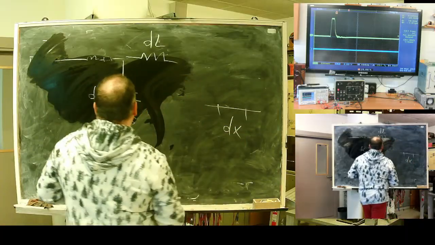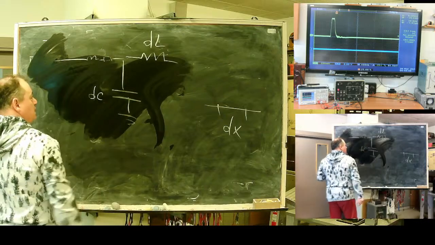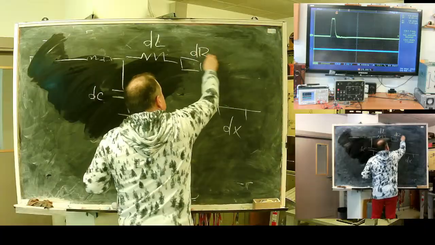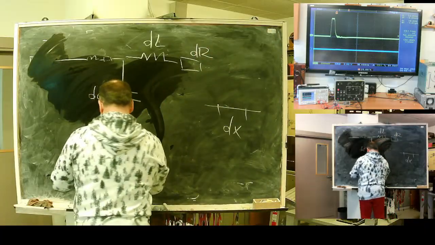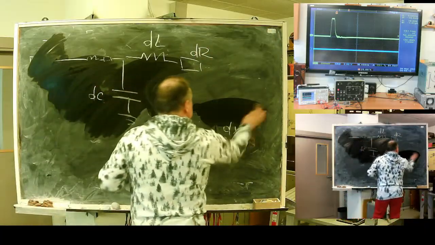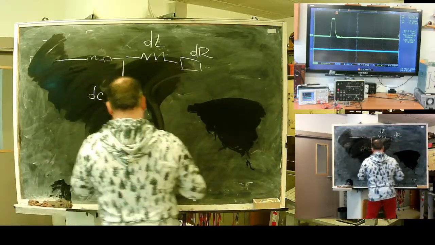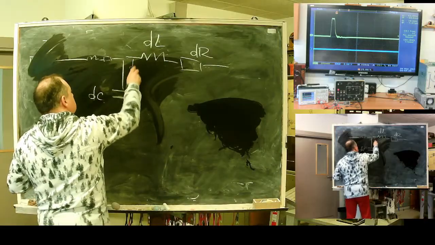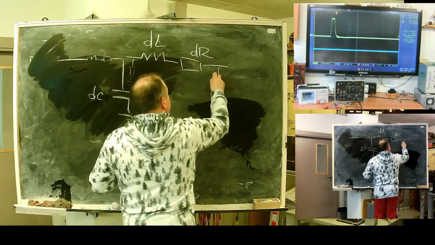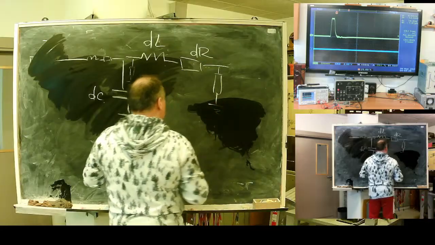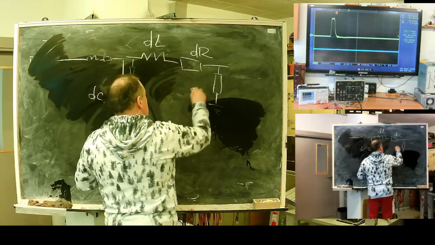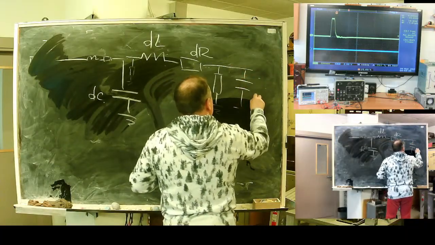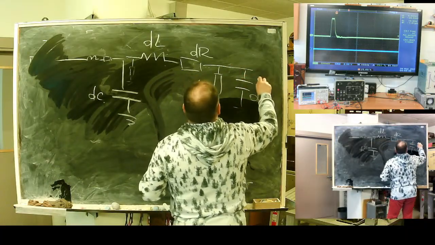The elements will be ground capacitance, inductance, small differential of resistance, then, maybe it's worth drawing it here, insulation conductance G, and again ground capacitance.